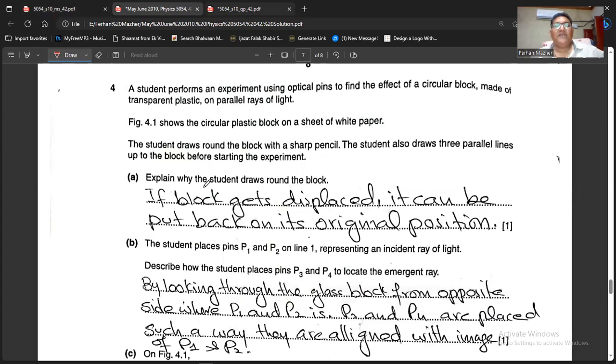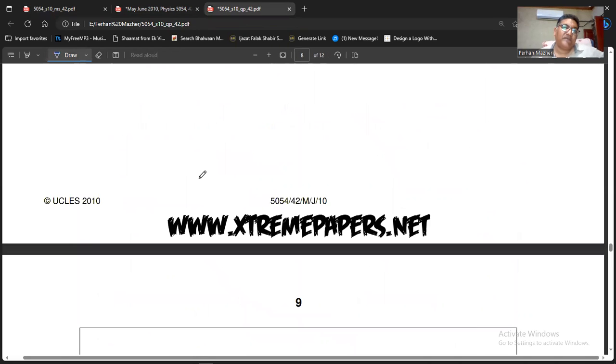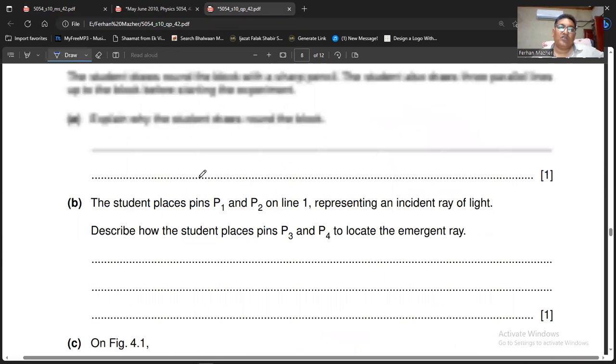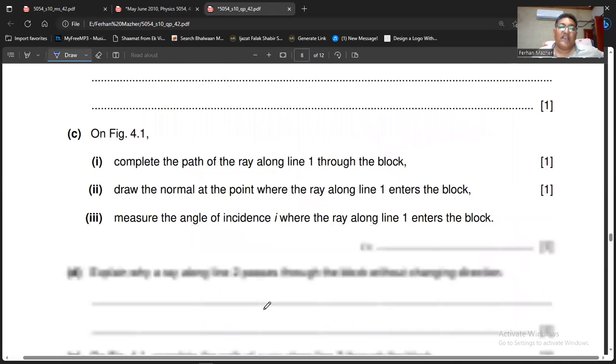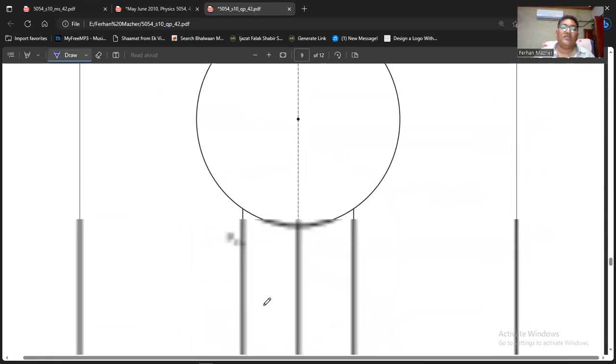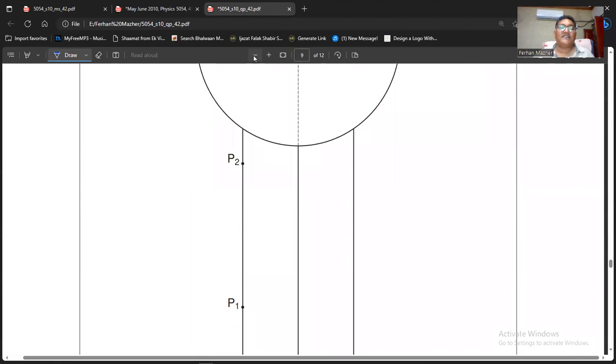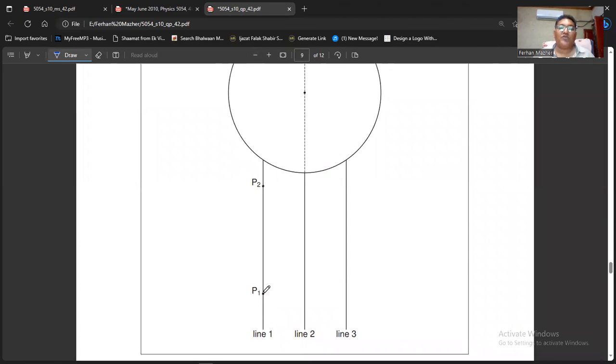Then it says the student places pins P1 and P2 on line 1, representing an incident ray of light. Draw how the student places pin 3 and pin 4 to locate the emergent ray. So they are talking about this diagram. On line number 1 they have put pin 1 and pin 2.